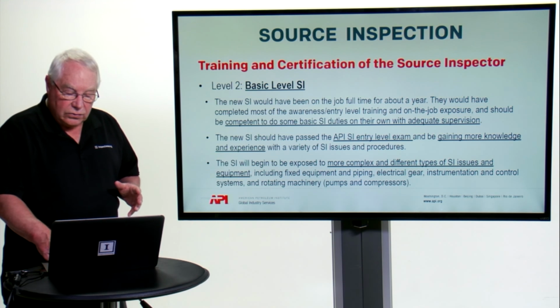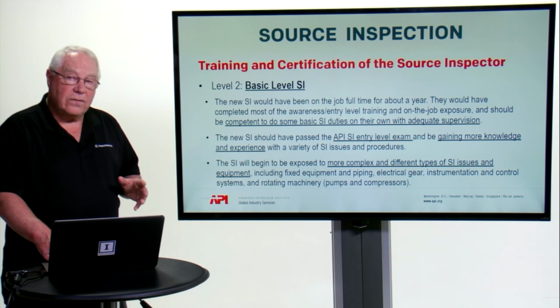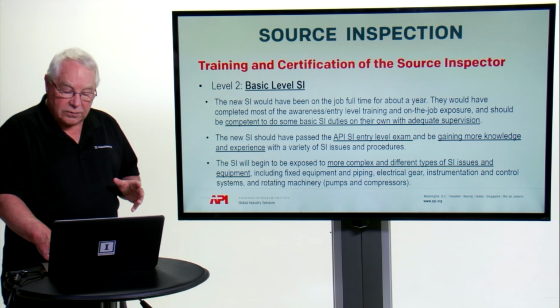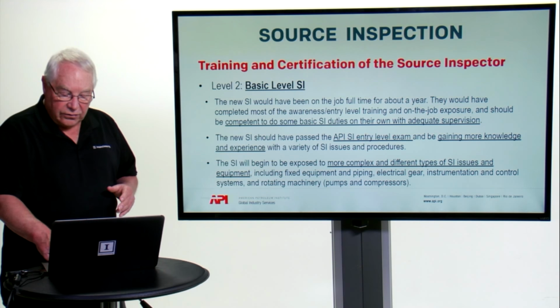At this level, the new source inspector very often would have already passed the source inspector entry-level exam by the API inspector certification program and be gaining more knowledge and experience with a variety of source inspection issues and procedures.